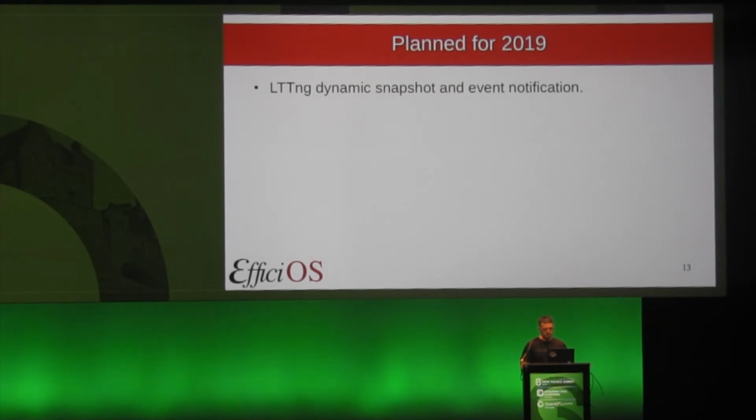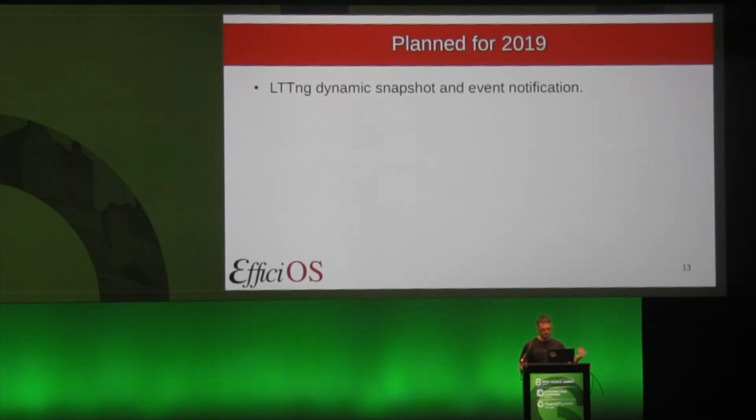So plan for 2019, dynamic snapshot and event notification. That's a pretty cool feature where from a tracepoint, I'm saying tracepoint, but that could eventually be a kprobe or a uprobe or whatever instrumentation source, rather than filtering and then writing to disk whenever there's an event enabled, the plan is to trigger some action.